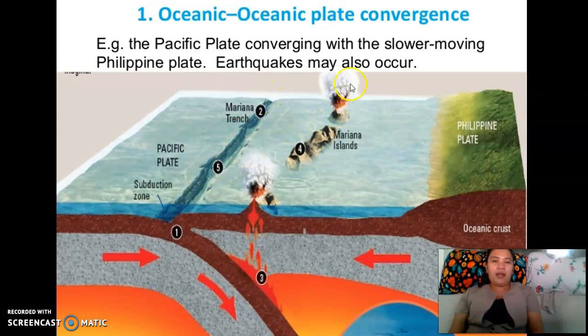Parallel to that are lines of volcanoes, or the volcanic arc. This is the forearc, the volcanic arc. And here you have a crack or fissure, an extended form, referring to your back arc.